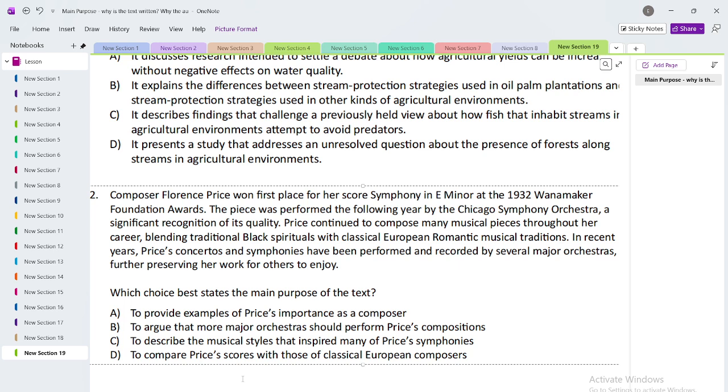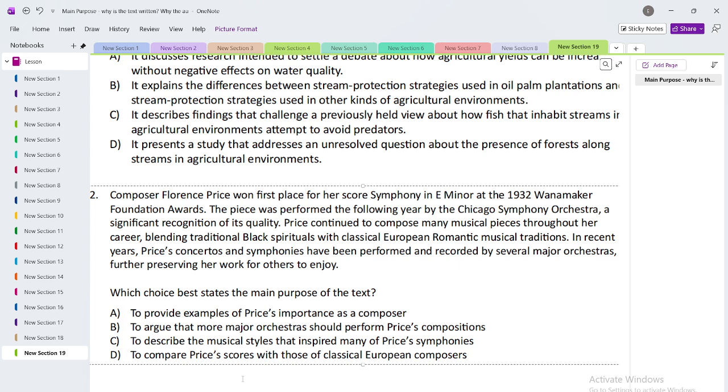I would think that the main purpose is to present the pieces of this woman and tell us how they are preserved, how they are even now performed by others. Right? I would think that's the main purpose.